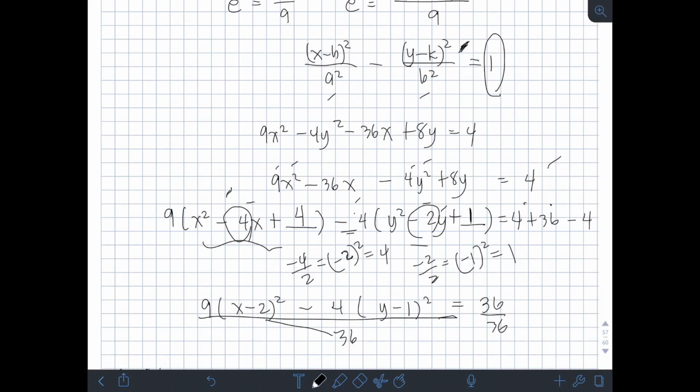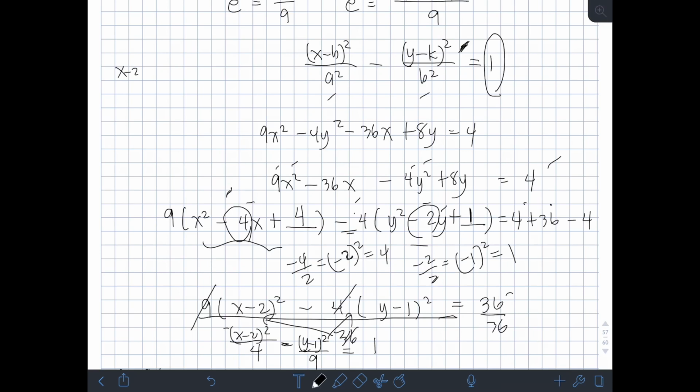When we distribute the 36, here 9 times x minus 2 quantity squared divided by 36, the 9 cancels, 4 remains. So x minus 2 squared over 4 minus, for this one with the 4, when we distribute, the 4 cancels, 9 remains from the 36. So y minus 1 squared over 9 equal, 36 divided by 36 is 1.